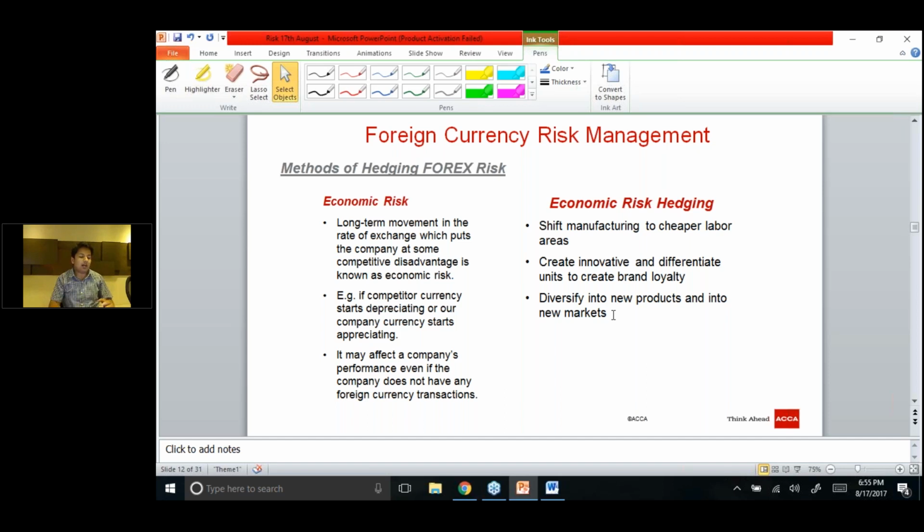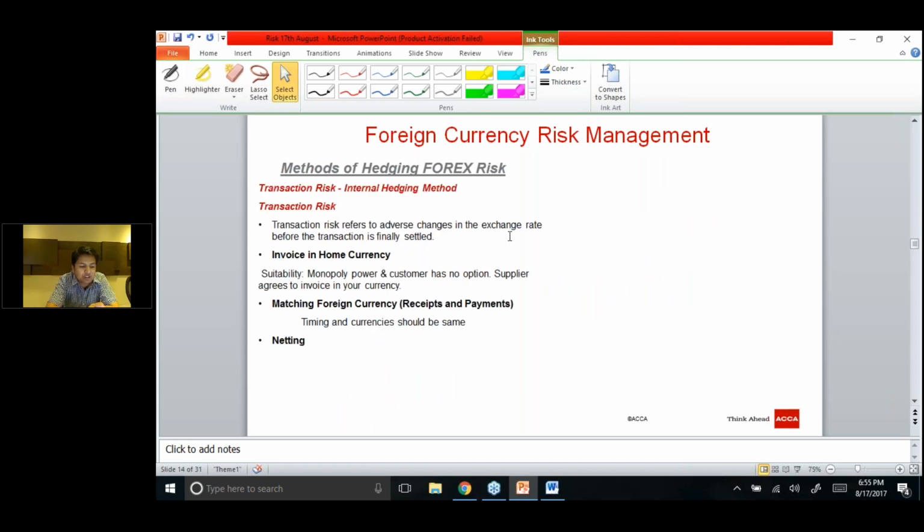Now the last risk and the most important, the transaction risk. Transaction risk refers to adverse changes in the exchange rate before the transaction is finally settled. Let's suppose you are in the UK and you export some goods for $500,000. The spot is $1.50 per pound.